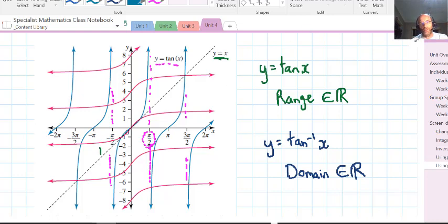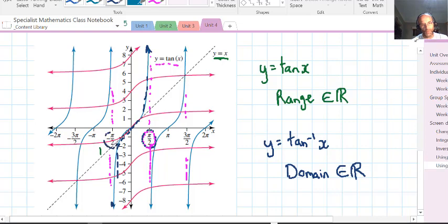So the convention is to choose this one here that we've talked about, that branch there, and through there. Now of course we have to miss these asymptotes, so we don't go up to x equals pi on 2, and we don't go down to x equals negative pi on 2.